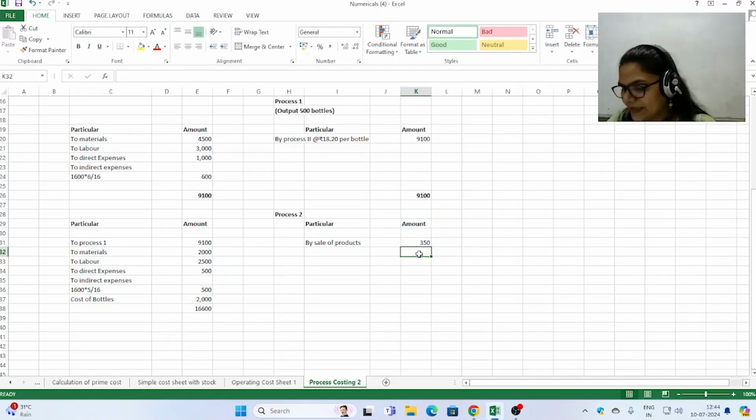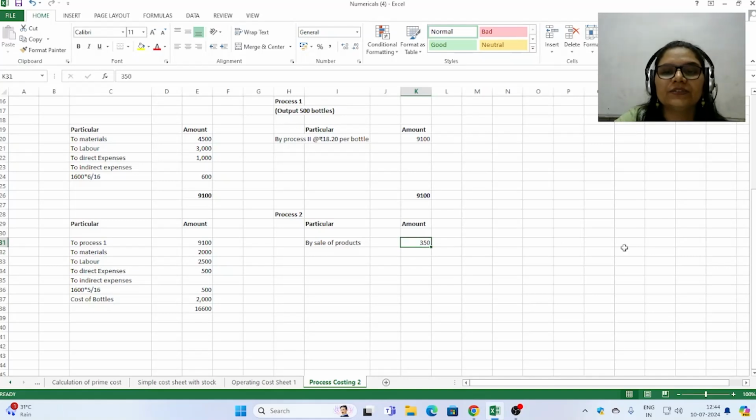It won't be 16,600, but from 16,600, we will deduct this 350 because some byproduct has been sold in this particular process.